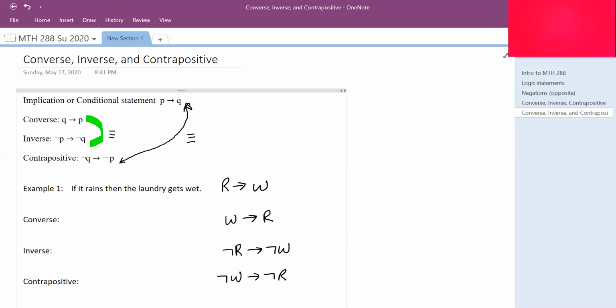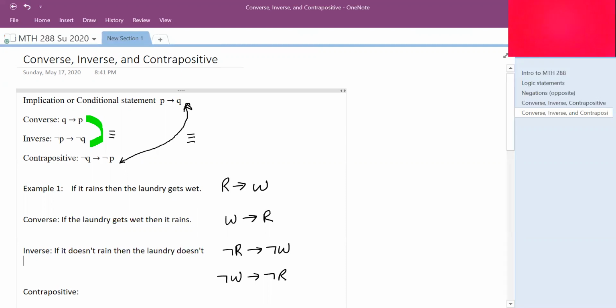So the converse becomes if the laundry gets wet, then it rains. The inverse becomes if it doesn't rain, then the laundry doesn't get wet.